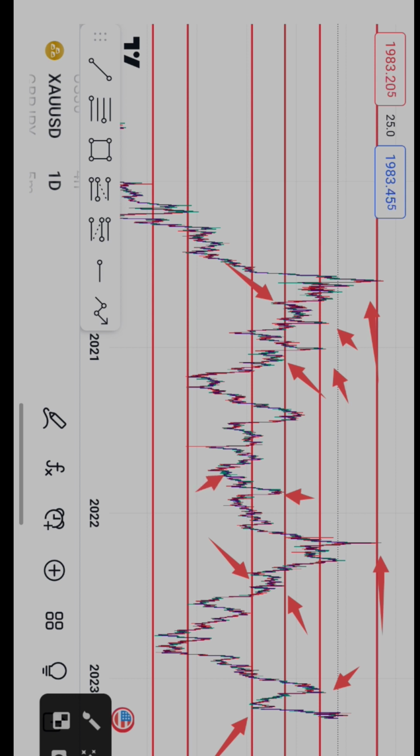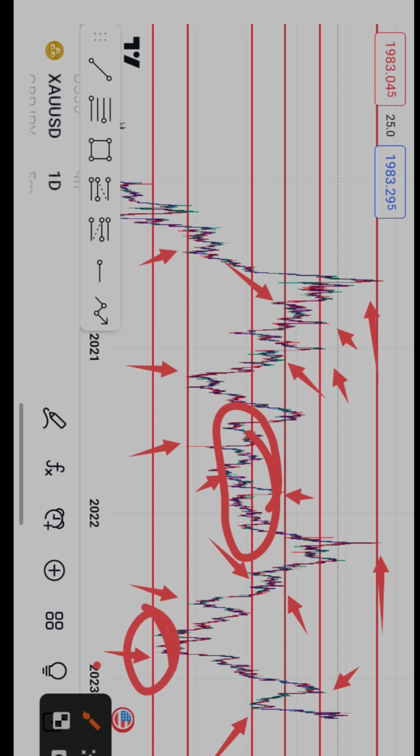We have all these touches in this level, like all these touches around this level here. We have those touches there. We had touches here, we had a touch here, we had a touch here, we had a touch here, and the last one we have something like a third touch over here. We have something like a third touch there, and we had this touch over here.